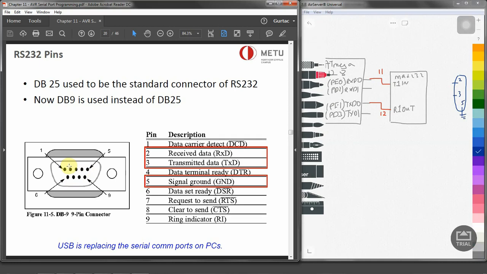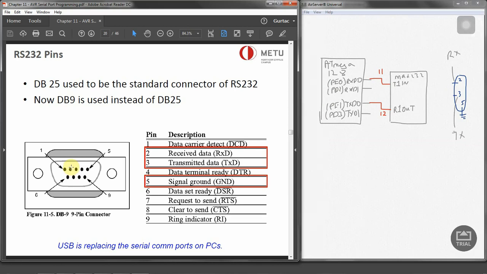Now, how is it going to be connected to MAX232? Again, it's similar to a null modem connection. So pin 2, which is the receive pin, let's say RX, and pin 3 is TX.